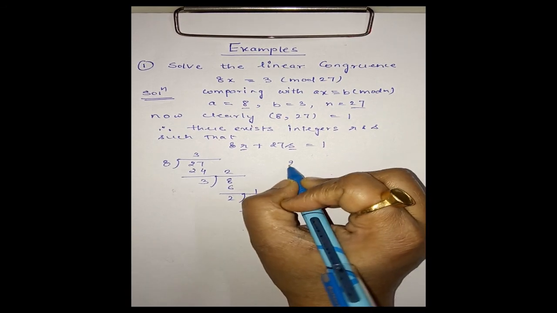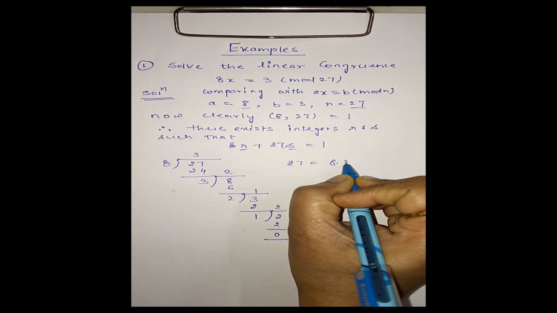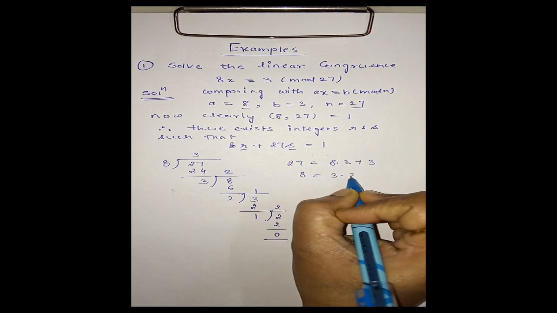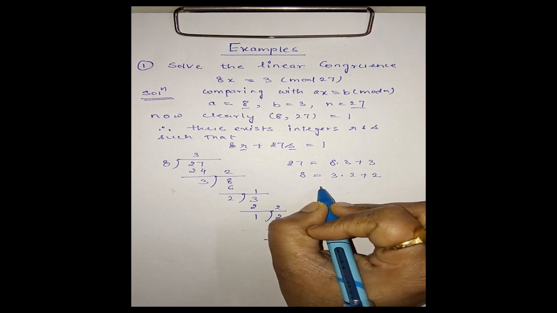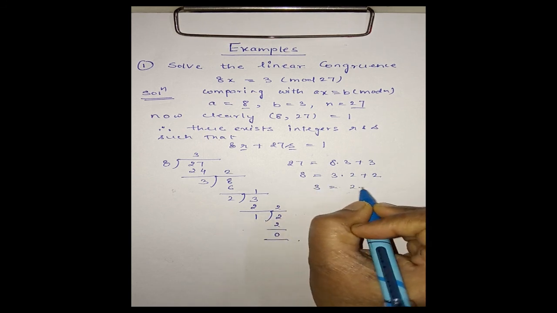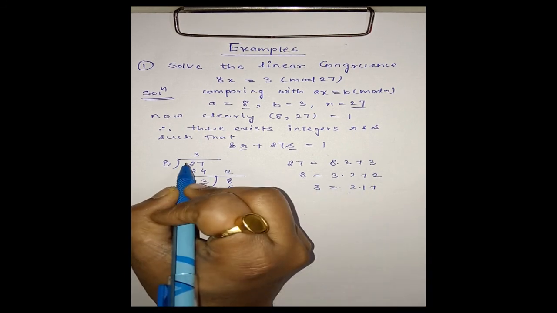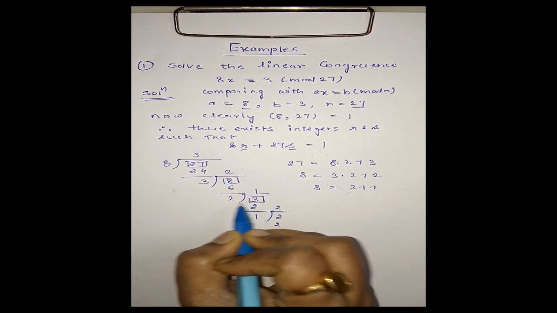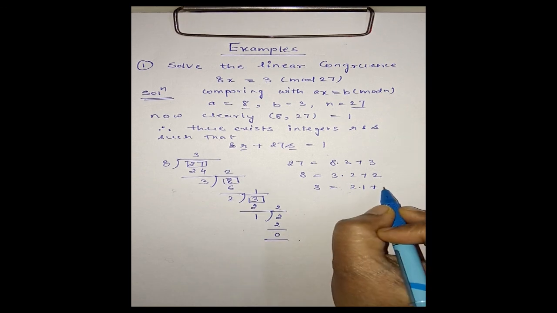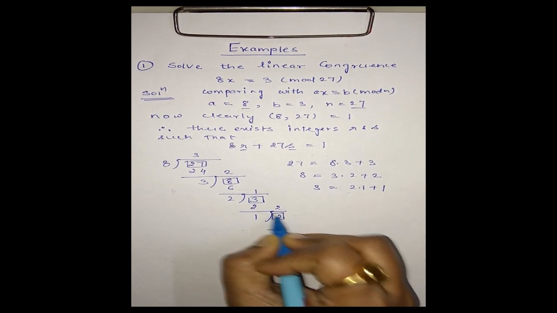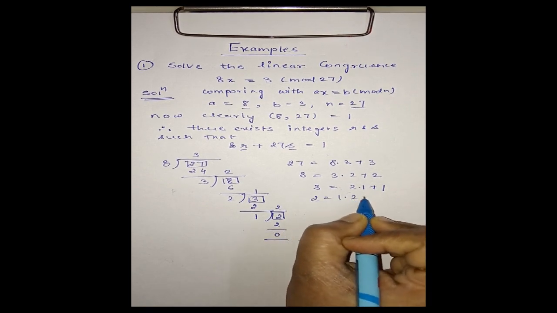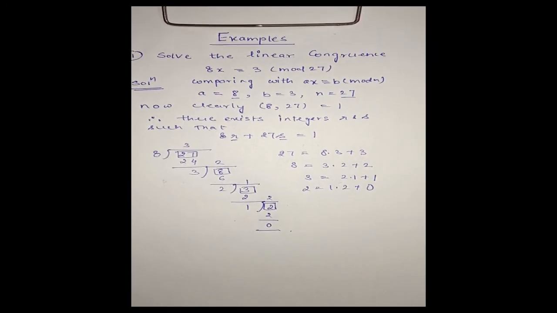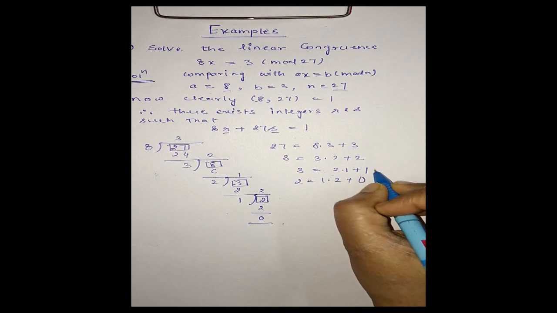That means 27 is 8 into 3 plus 3, then 8 is 3 into 2 plus 2, then 3 is 2 into 1 plus 1, then 2 is 1 into 2 plus 0. Clear?